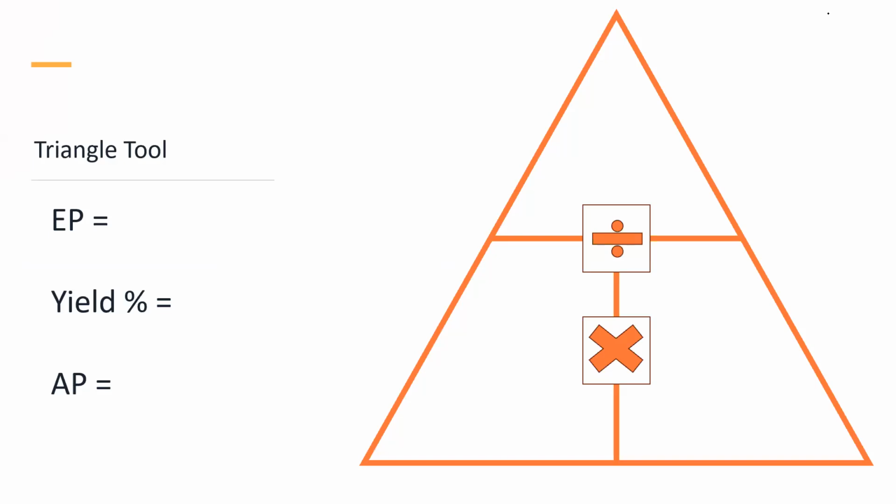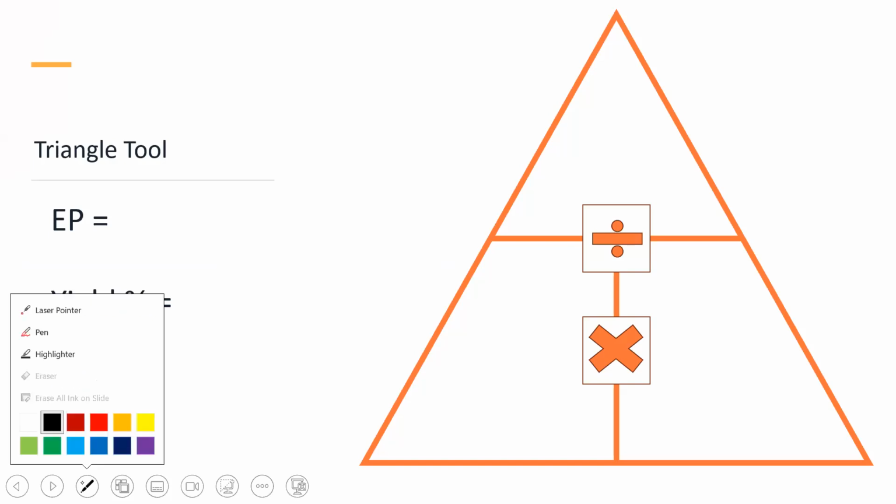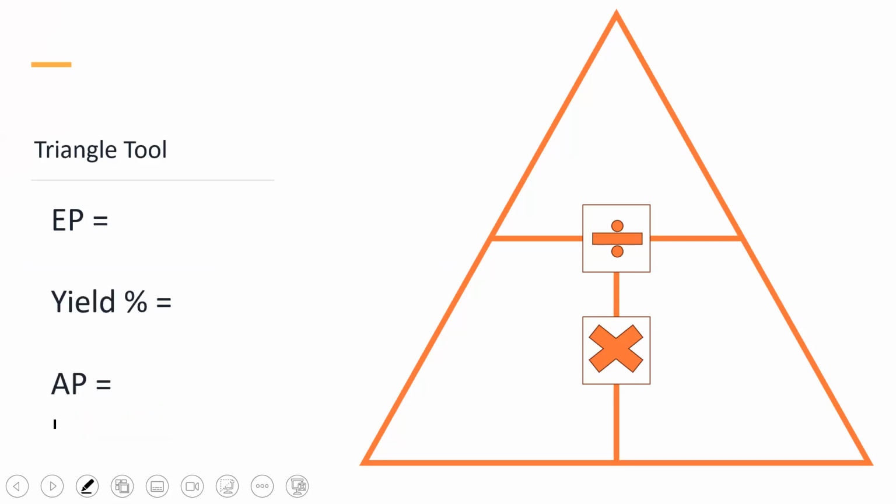So let's talk about math. This triangle is one of my favorites. I recommend you pause the video for a moment and draw the triangle just like you see it on the page. All right, so now that we have our triangle drawn, we have our edible portion on the top section.